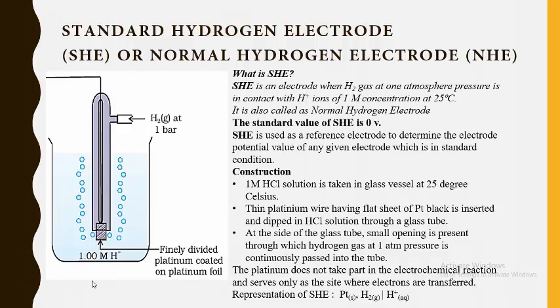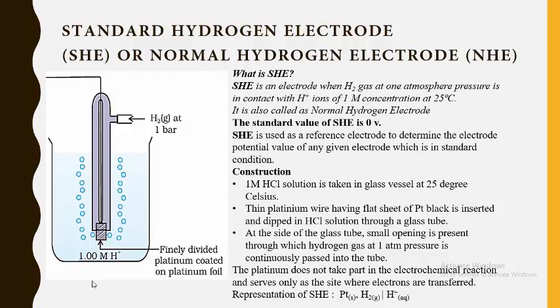So you have to maintain 3 things here: 1 atmospheric pressure, 1 molar concentration, and room temperature of 25 degrees Celsius. When an electrode of hydrogen at 1 atmospheric pressure is in contact with hydrogen ion of 1 molar concentration at 25 degrees Celsius, it is called SHE or NHE.